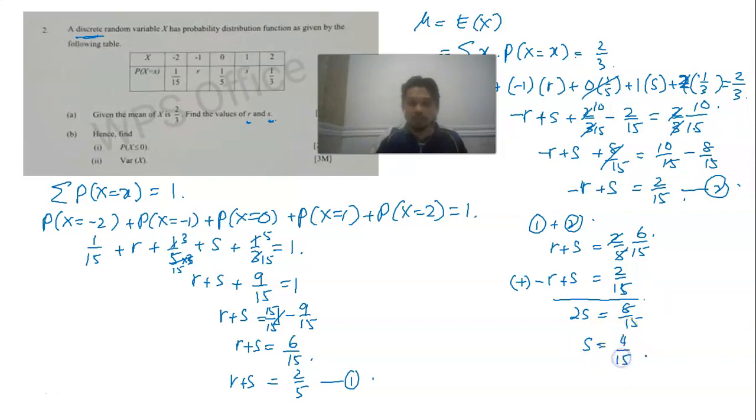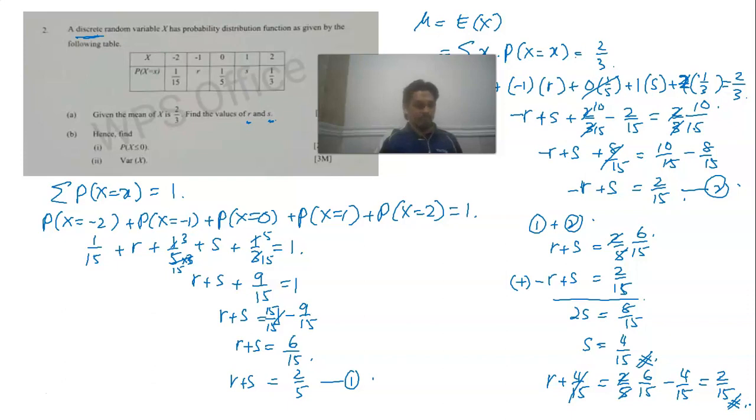Then s equal to 4 over 15. So it's time for us now to find out the value of r. s is 4 over 15, so r plus 4 over 15 equal to 2 over 5. Make this one as 5 times 3 equal to 15, and 2 times 3 equal to 6. So minus 4 over 15. So then r equal to 6 minus 4 equal to 2 over 15.